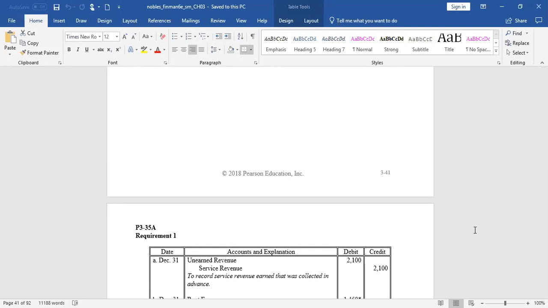So we credited the liability account unearned revenue. Well, now when we perform the service or that portion of it, debit the liability unearned revenue. We've done that. We don't owe it anymore. Credit service revenue. So that we increase service revenue to reflect that's how much we've earned by December 31st.